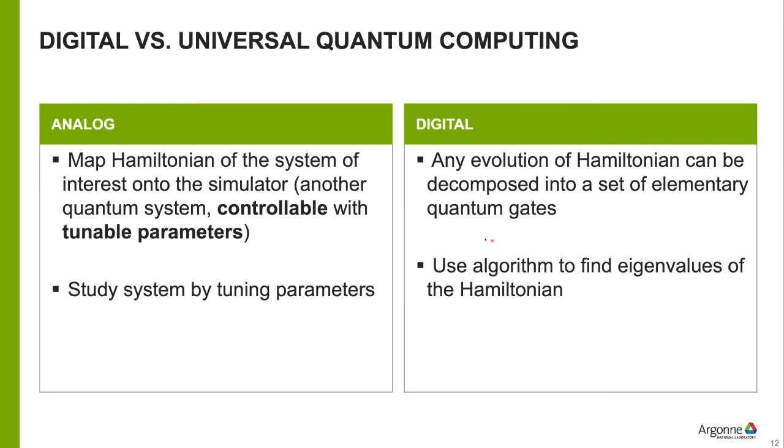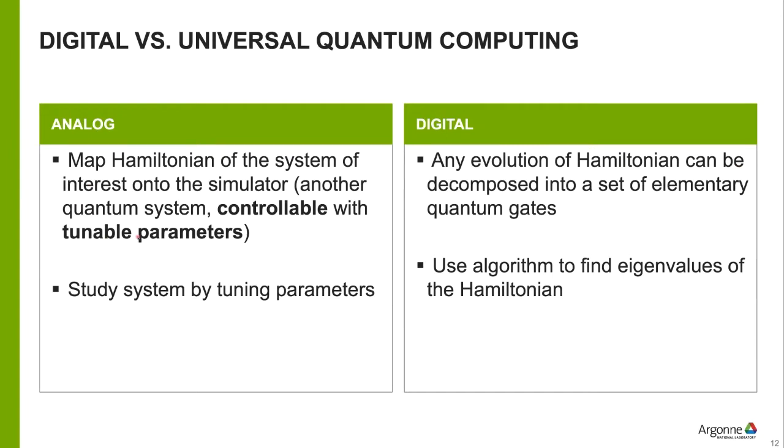All right. So in analog quantum computation, you map the quantum system of interest onto the simulator, and that simulator is controllable and has tunable parameters. And by varying these parameters, you study the system in different regimes.